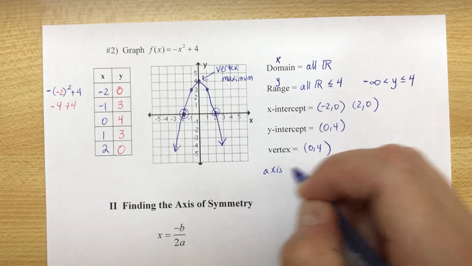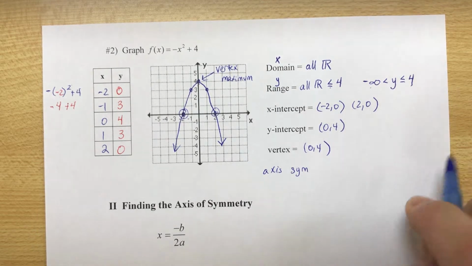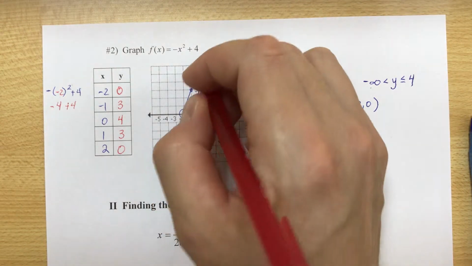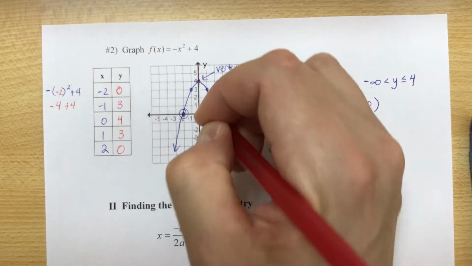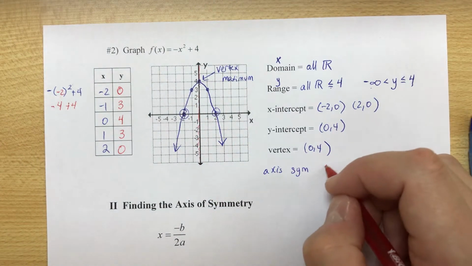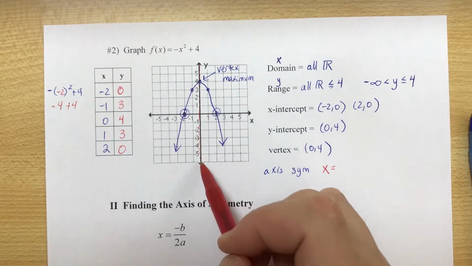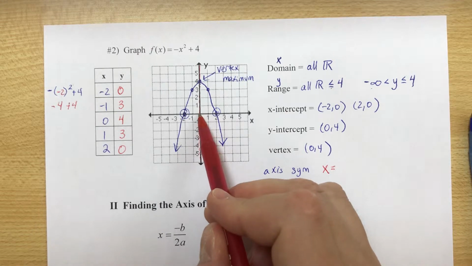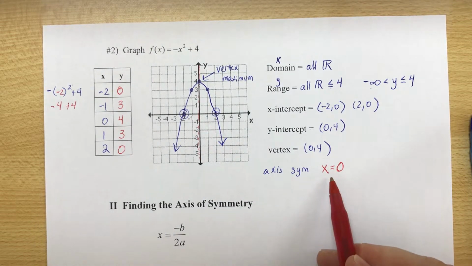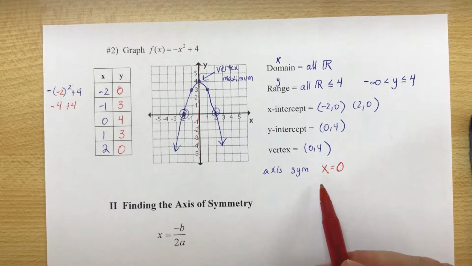One more thing we'll write down here, the axis of symmetry. The axis of symmetry is the vertical line that goes through the vertex. Now, in this case, that would be x equals, and where's the x value that we go through? 0. So that would be the equation x is equal to 0.